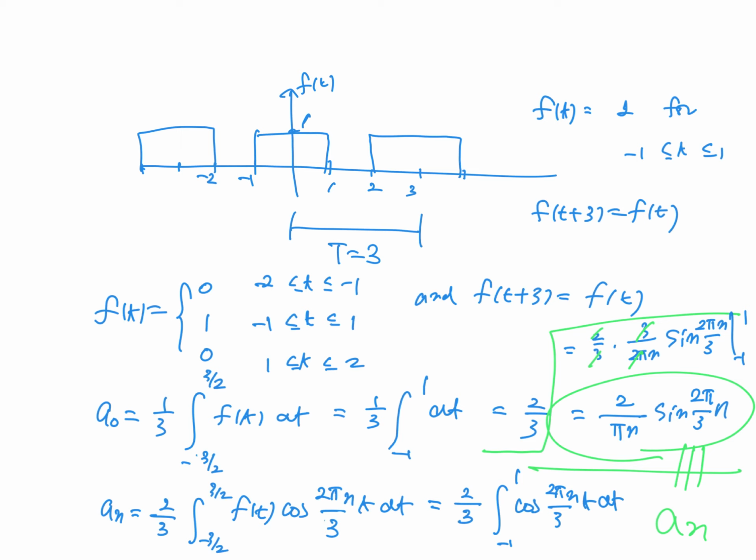Too complicated. Maybe I can copy. No, 2 over pi n. Correct. Sine. Yes, I forgot that. So sine 2 pi n over 3, right?